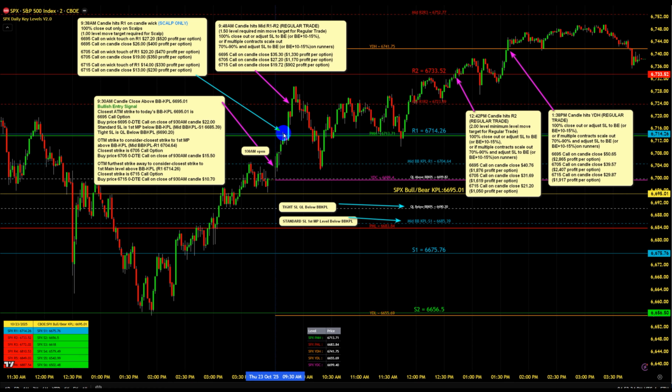And that's what happened here on the 9:38 a.m. candle. That happened on the high wick of this candle. As you can see, it touched it here, and here's the level. This also happens to have confluence with the pre-market high.